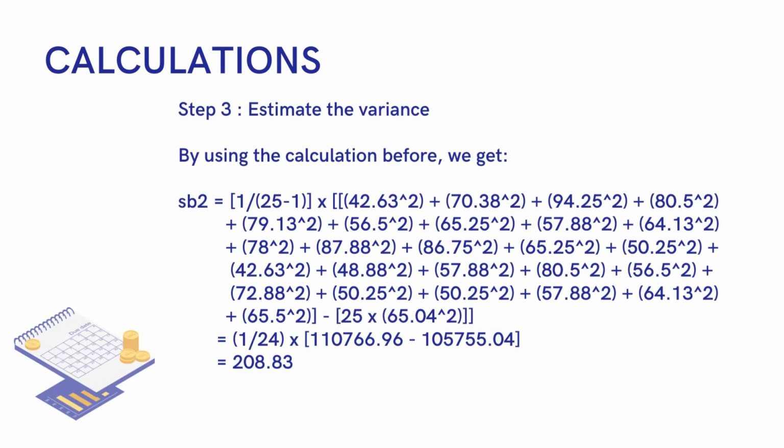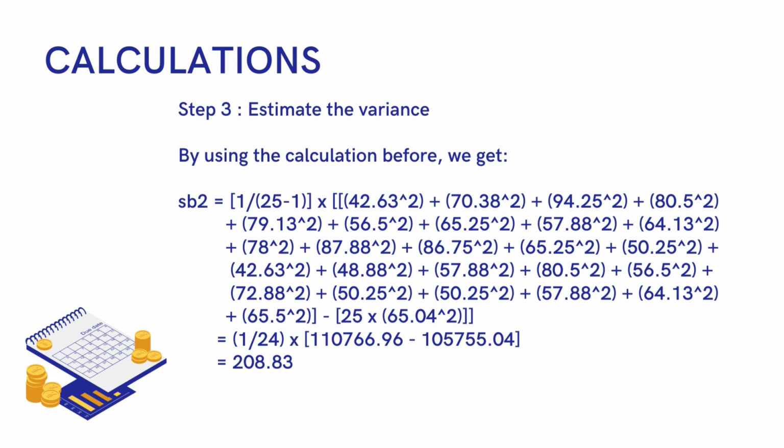The next step is step 3, which is the last step. We have to estimate the variance. For the variance, we use the formula and the values that we got from the sample mean.